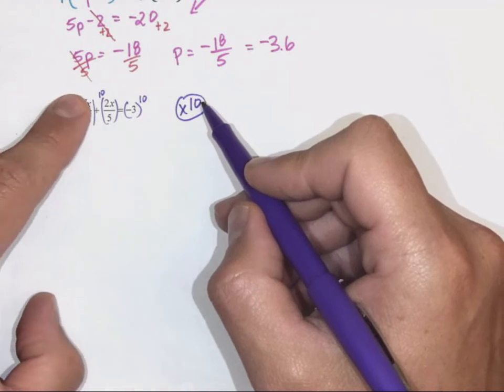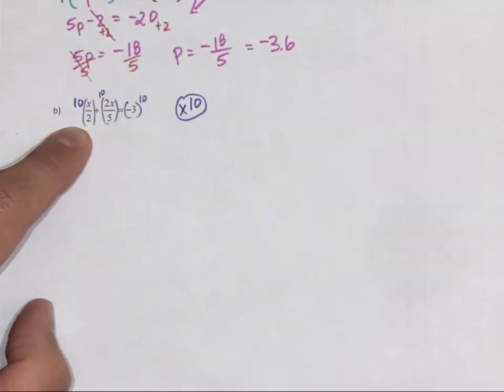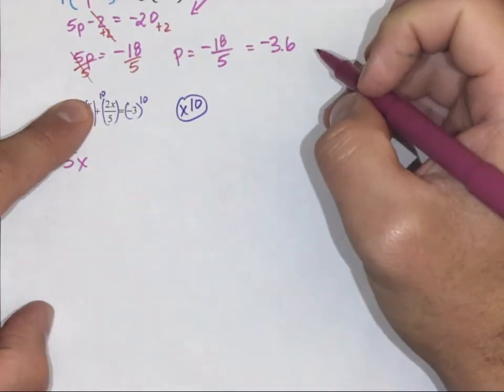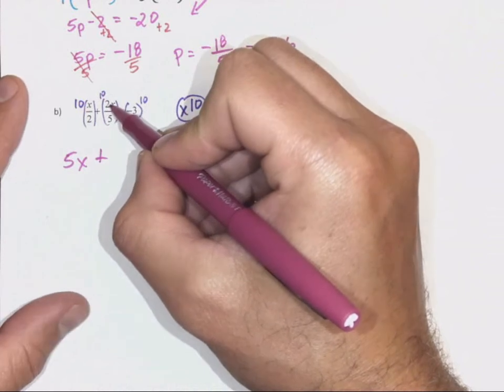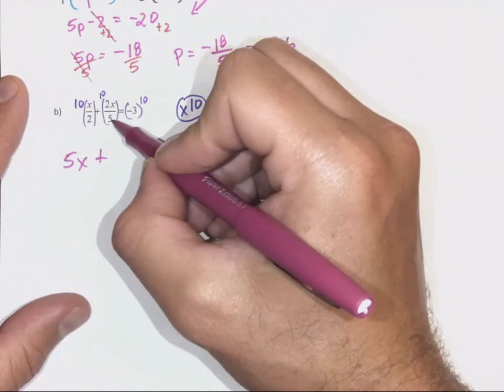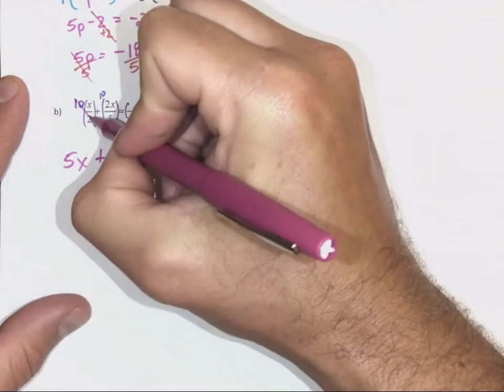So 10 times x divided by 2 is the same as 10 divided by 2, which is 5, times x, 5x. There's a plus sign. 10 times 2x, 20x, divided by 5 is 4x. Or 10 divided by 5 is 2. 2 times 2x is 4x. Whoa, so I can do that.